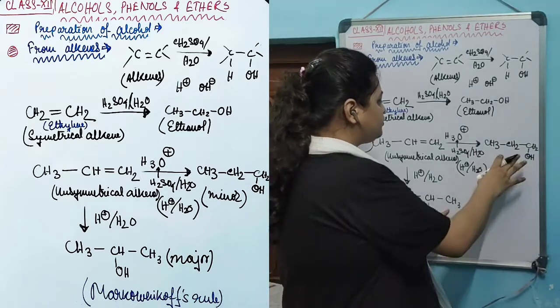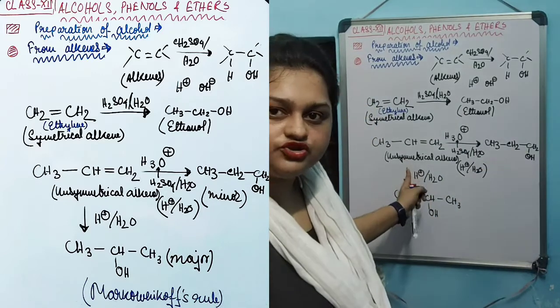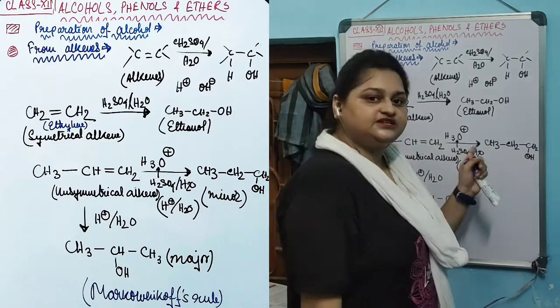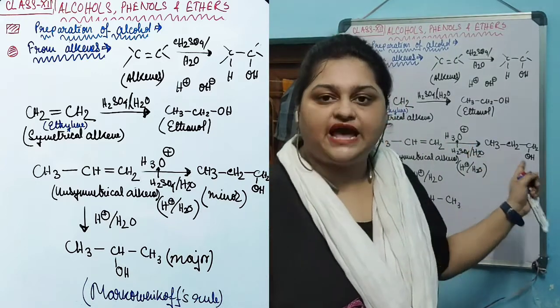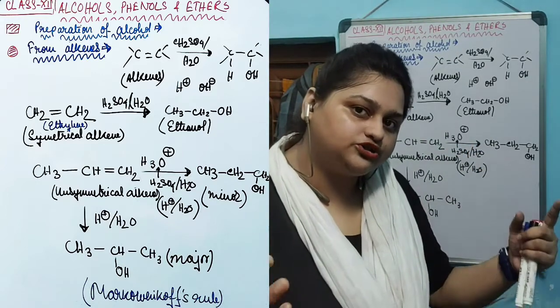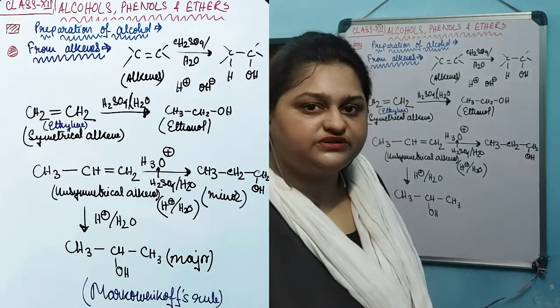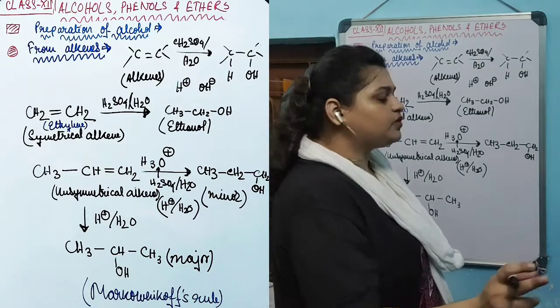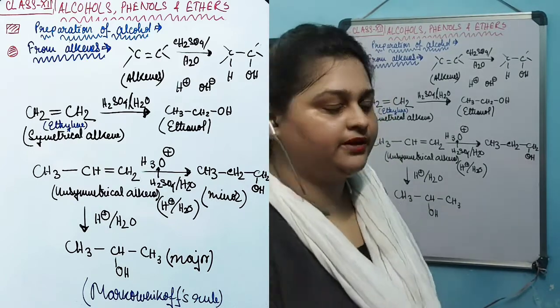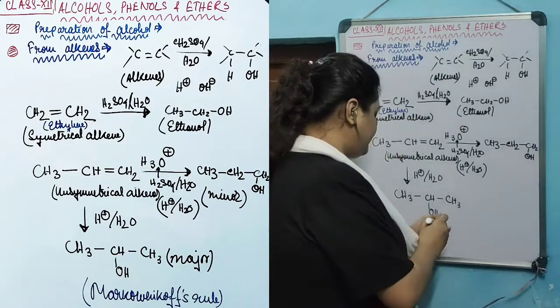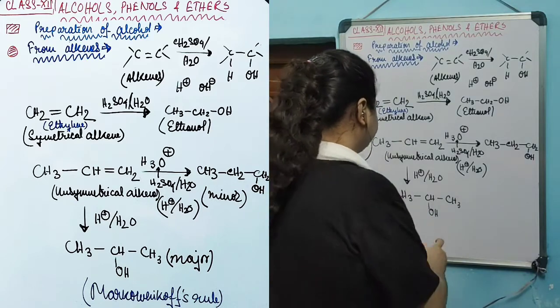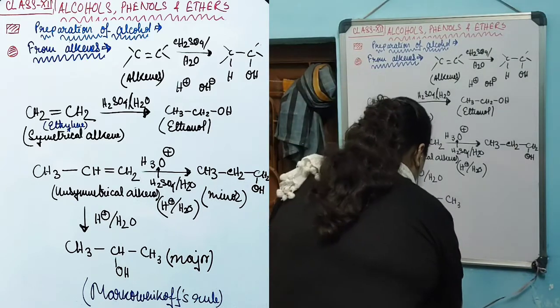So a mixture of alcohols is formed when an unsymmetrical alkene is subjected to acidic hydrolysis. Which one is produced in a predominant amount? That is followed by the Markovnikov rule.